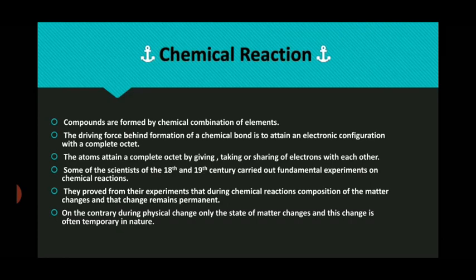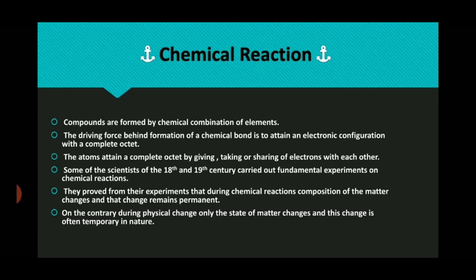Compounds are formed by chemical combination of the elements, and between two elements there is some force. The driving force behind the formation of a chemical bond is to attain an electronic configuration with a complete octet.